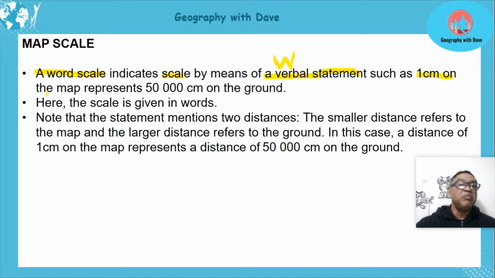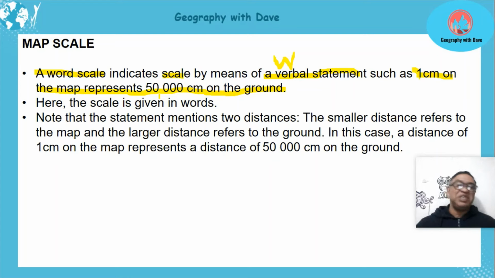1 centimeter on the map represents 50,000 centimeters on the ground. You write it. Don't write 1:50,000. No. And sometimes I prefer that you write even the 1 as ONE, and the 50,000 as FIFTY THOUSAND centimeters.